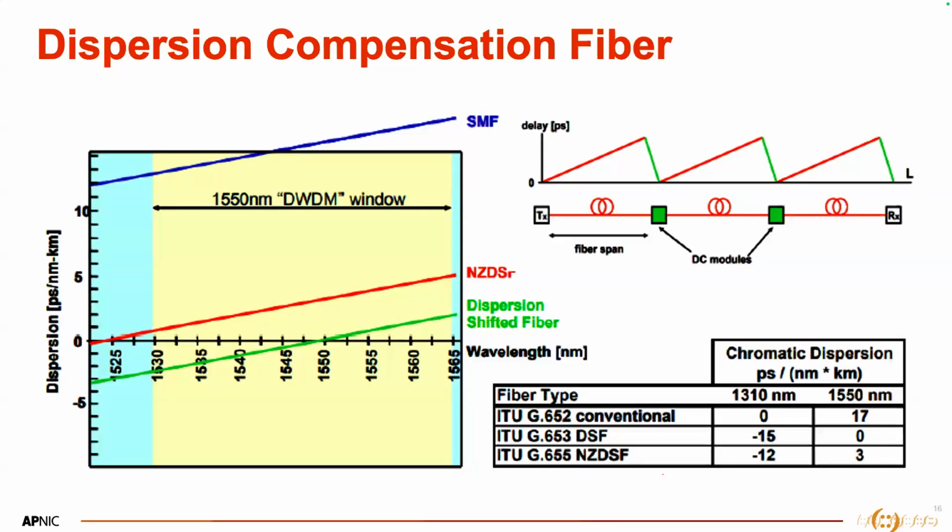So the A, B, C, D are the expansion or modification of the mother one. So G.652 is the mother. And not only 652, you will get different subcategories under a major category. And those subcategories are basically different kinds of modification or enhancement of different features.